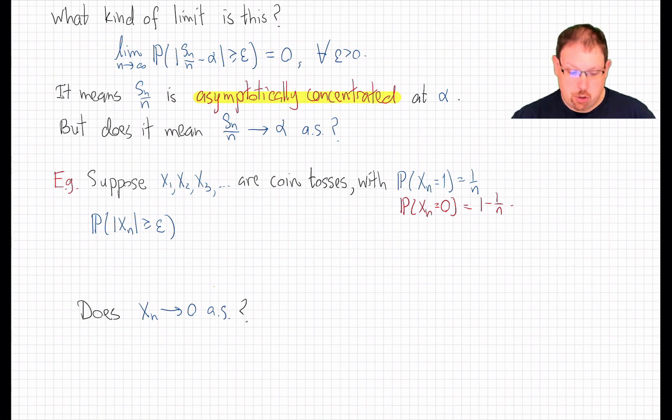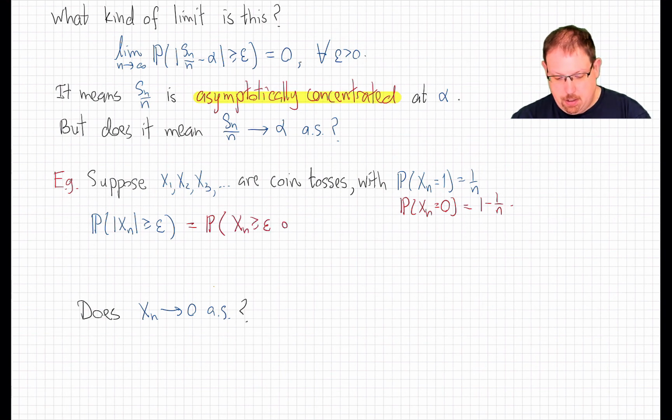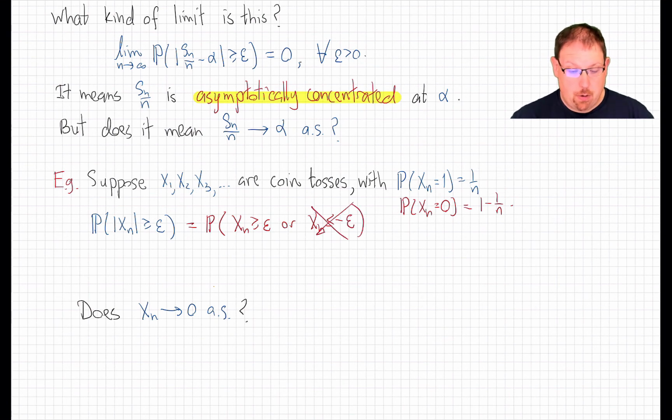We could use Chebyshev's inequality, but actually we don't need to in this case, because the probability that the absolute value of Xn is bigger than or equal to epsilon is just the probability that either Xn is bigger than or equal to epsilon or Xn is less than or equal to minus epsilon. But that's not possible. Xn takes values 0 or 1 only. So this is the probability that Xn is bigger than or equal to epsilon.